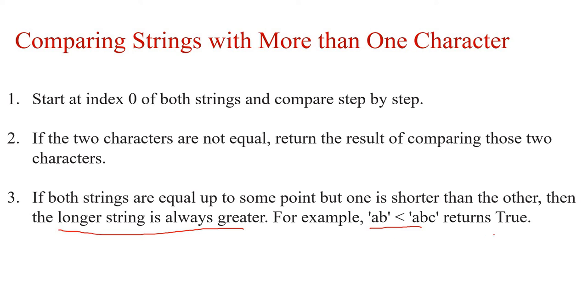So in this case, for example, you get true because ABC is greater than AB. So this is when Python compares one by one, and at a certain point they're equal to each other. Python is going to check if one is longer than the other and return the result accordingly. So let's look at examples.